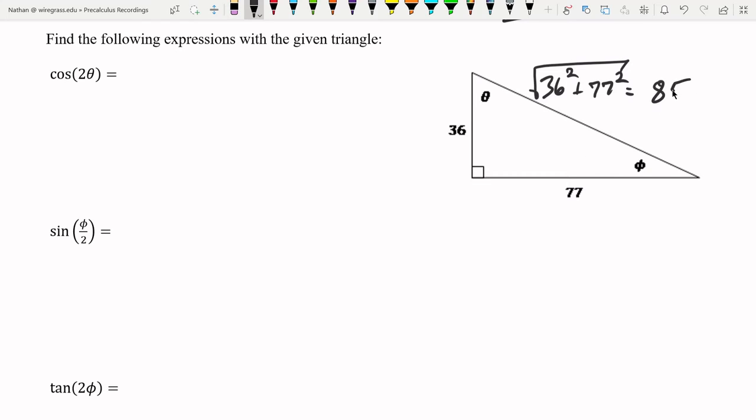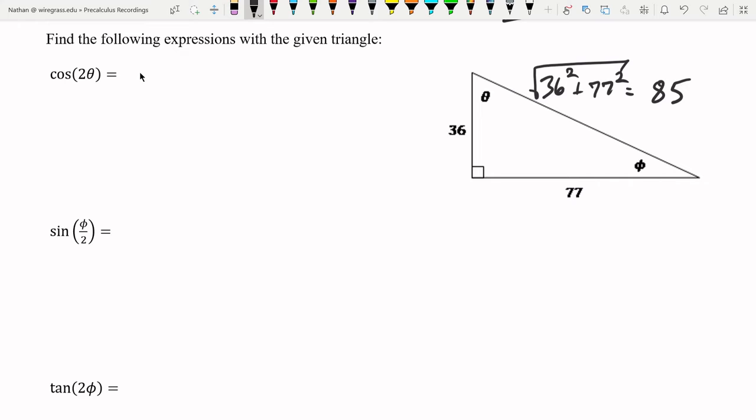85. Okay. Now, cosine of 2 theta, we want to find what this thing is equal to. So cosine of 2 theta equals a number of things. We can do cosine squared minus sine squared, 2 cosine squared minus 1, 1 minus 2 sine squared.